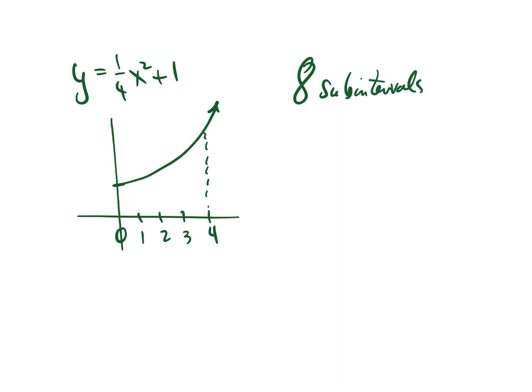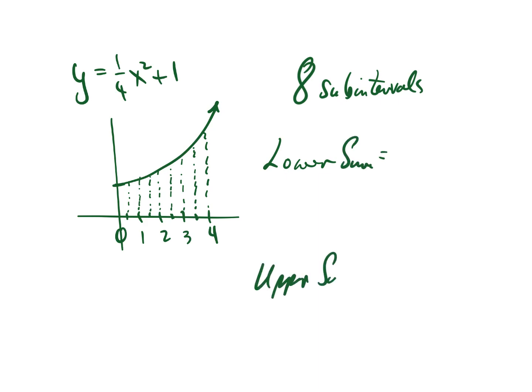And so we'd have to divide our interval into 8 equal parts. So if we put in the lines that we had last time, that's 4. And then we'd have to chop each of those in half again, which would then make 8. Okay? And once again, we could calculate a lower sum, and we could calculate an upper sum.